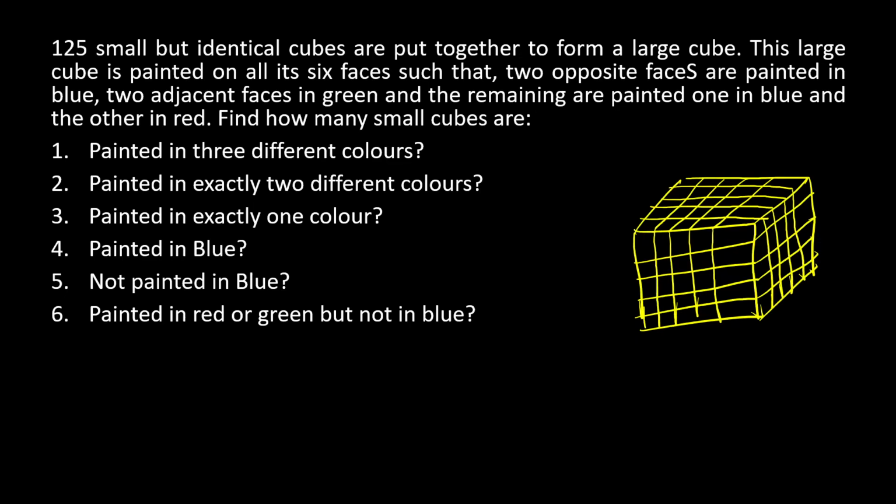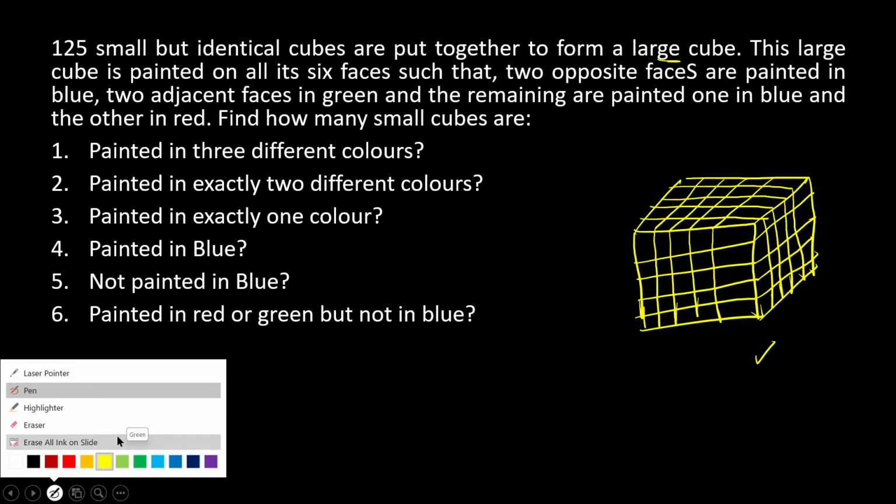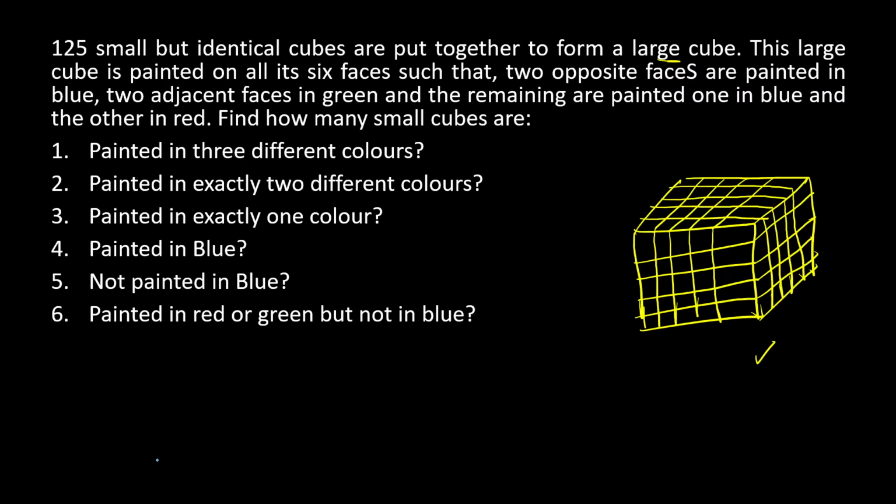If this is the required cube, let's assume it this way. 125 small and identical cubes are put together to form a large cube. This is how it happens. This large cube is painted on all its 6 faces such that two opposite faces are painted in blue. Yes, let it be painted in blue.